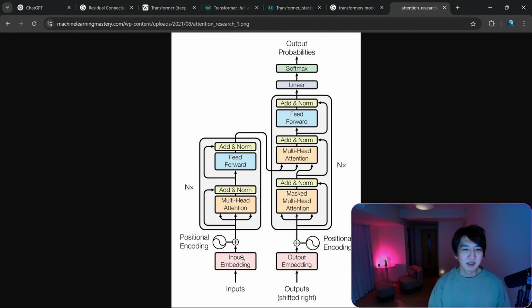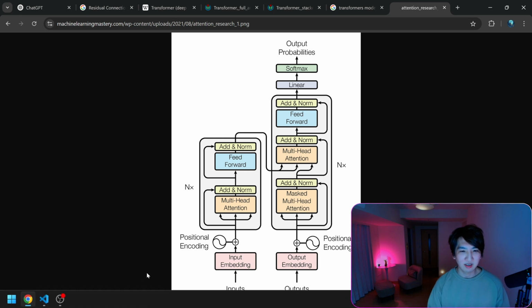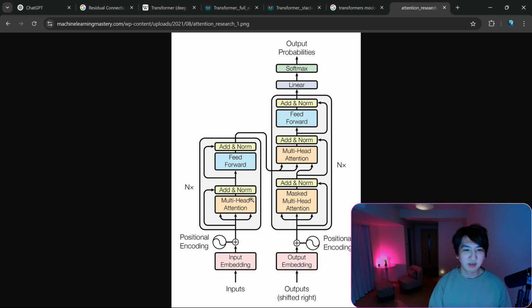I mean, they capture dependencies between the tokens, the sentences, the words, and also it processes simultaneously rather than sequentially, like in conventional RNNs like LSTM, GRUs.